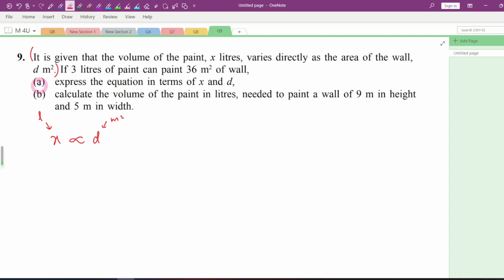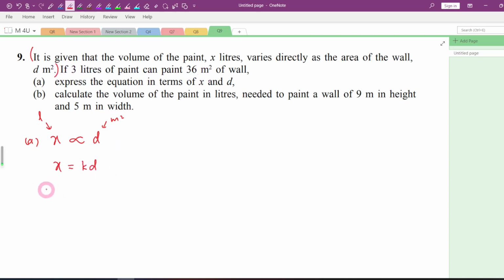Okay, so for part A, express the equation in terms of x and d. Now, given by the question, 3 liters of paint can paint 36 square meters of wall. If I change this into equation form, then it will be x is equal to k times d. So what I need to do, I want to find the value of k.